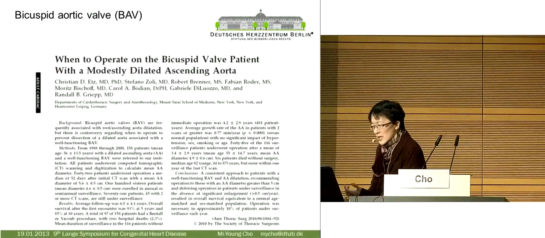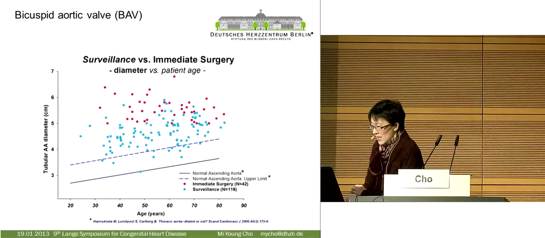They just have a modestly dilated ascending aorta, but still mostly they will dilate. His study compared people under surveillance with people with immediate surgery, and the diameters, of course, are different. And of course, their diameters are above the upper limits.